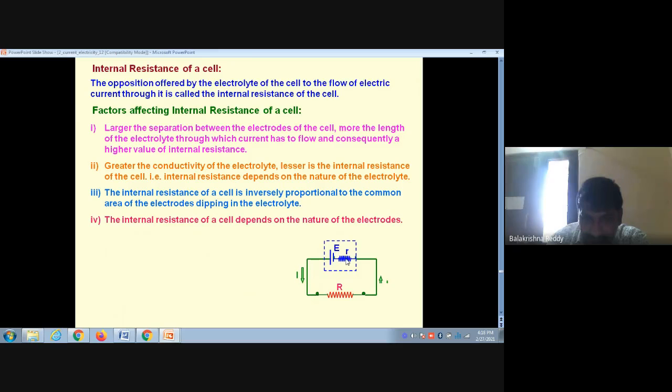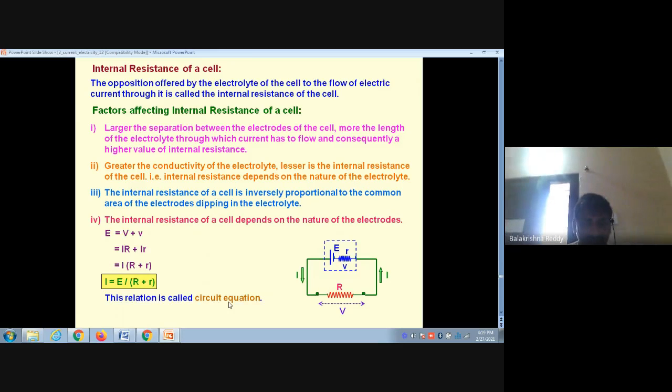Now, in the same way, the current flows from positive to negative. So voltage V between the two ends of the resistance, if you put a voltmeter, then you will find it. Now, this capital V is the potential difference in the external circuit.